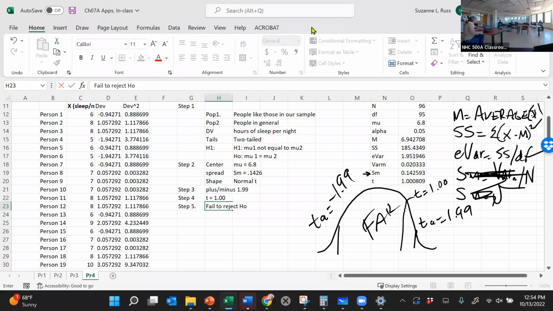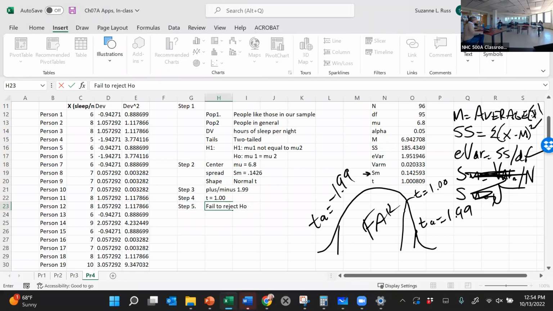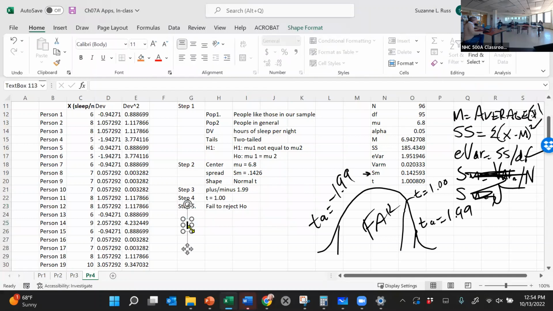And so we can write, unfortunately for our people in our sample, I'm going to put it in a box so that it doesn't go all over the place. Unfortunately, you guys aren't getting any better sleep than anyone else.